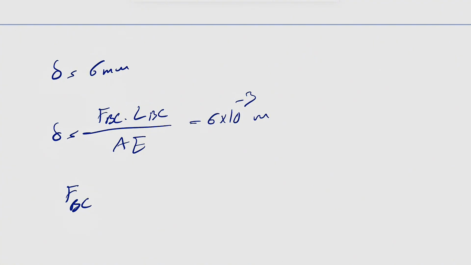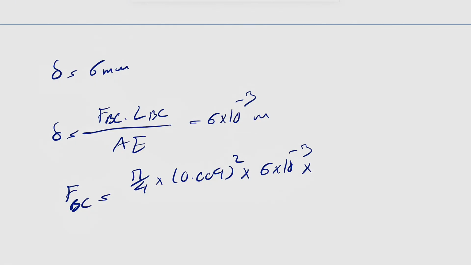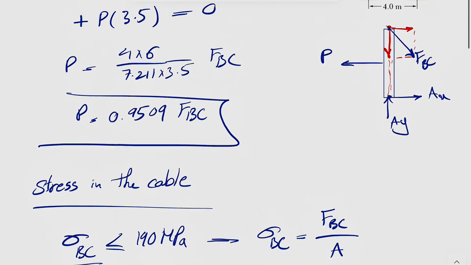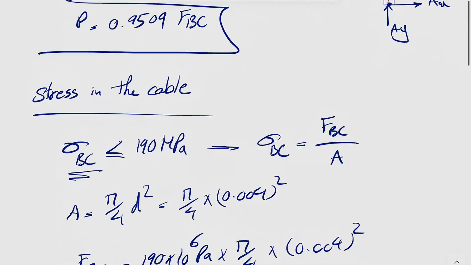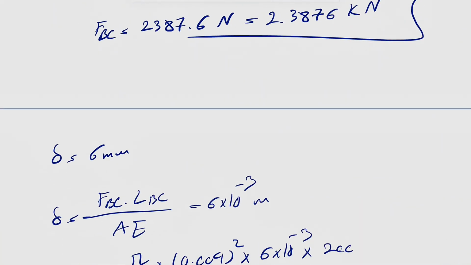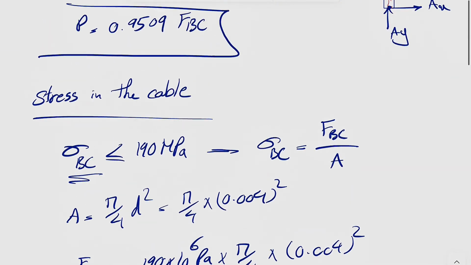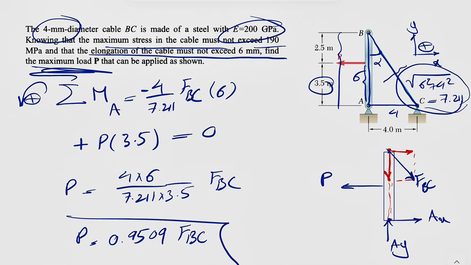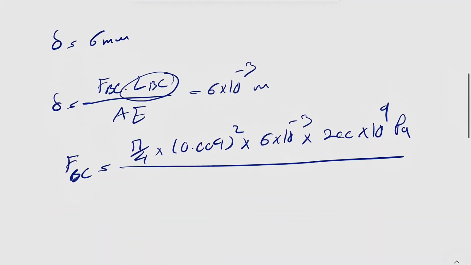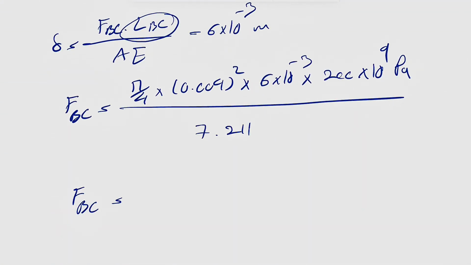So FBC in here would be the area, pi divided by 4 times 0.004 squared, times the deformation, 6 times 10 to the minus 3, times the elastic modulus, which we had in the first line of the question, 200 gigapascal. So times 200 times 10 to the 9, that's going to give us Pascal, and we're going to divide this by the length in BC, which was the hypotenuse that we found in here, so 7.211, and that's going to give us another force in here.